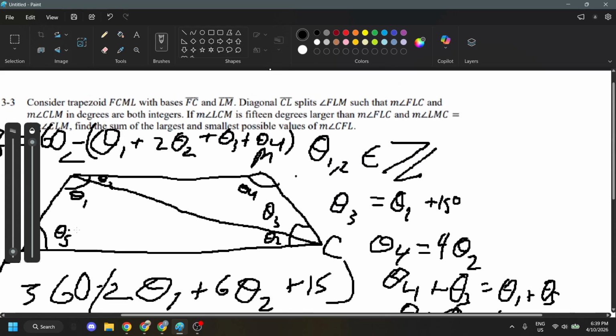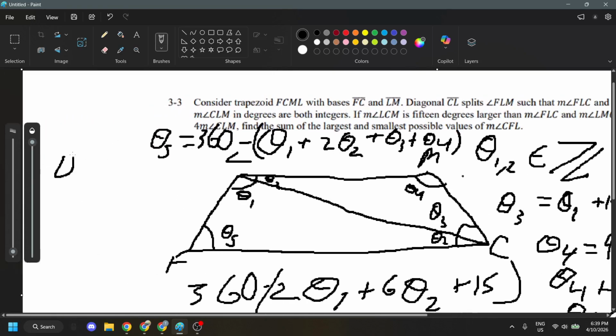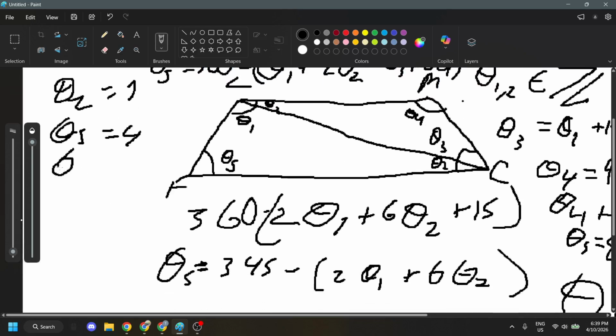If we make this 4, then this has to become, let's write this out, theta 2 is equal to 1, theta 5 is equal to 4, so theta 1 is equal to 175.